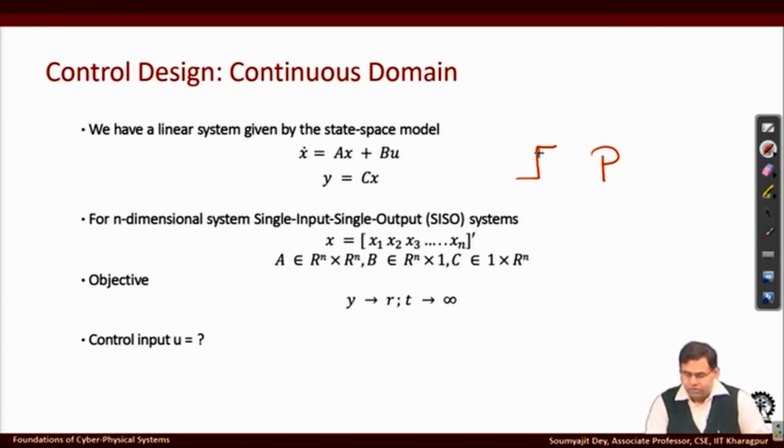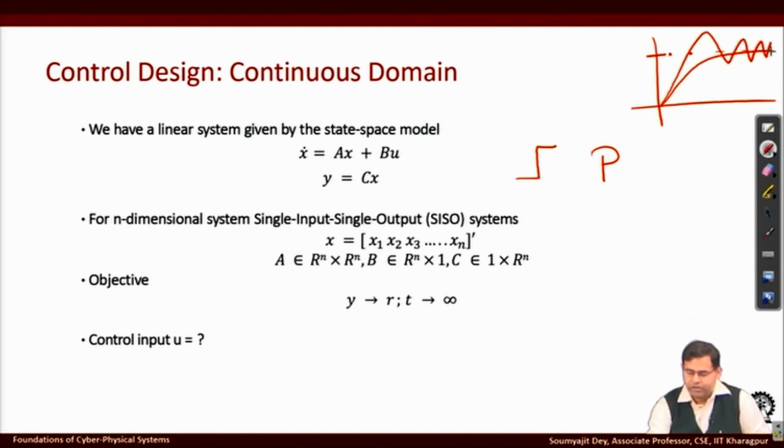So overall you have an objective. Let's say this is the target reference with an input step. You want the plant to settle down here following some trajectory criteria, and it must meet some settling time pattern. So you want a response like this or maybe a response like this, depending on your objective.